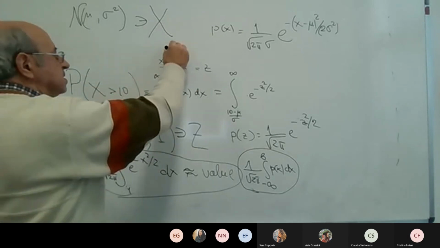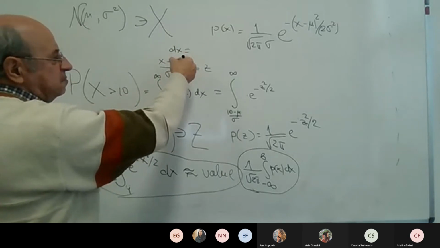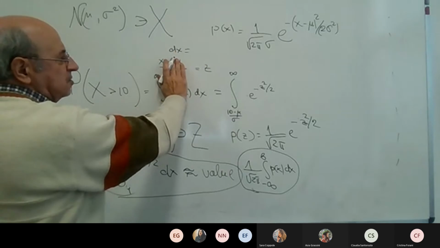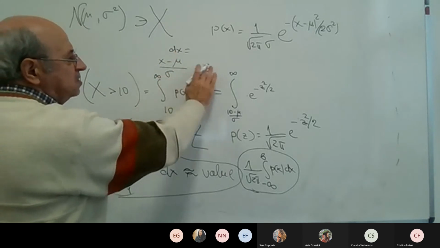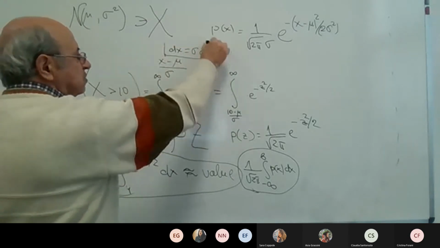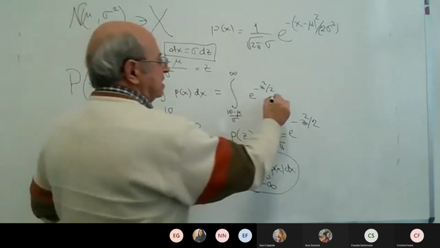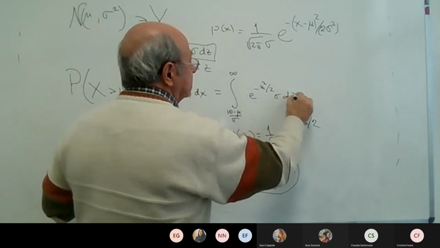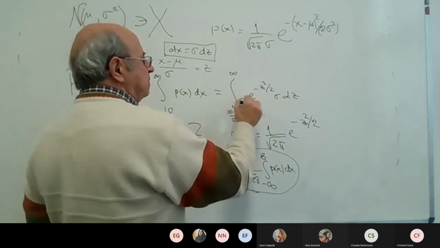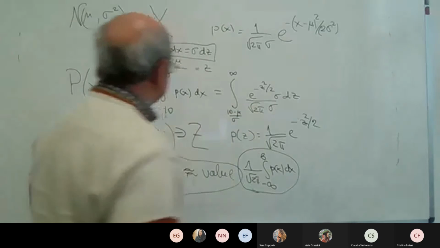If I write from here dx, the derivative of mu is zero since it is a constant, so we cannot take mu into account. We have x equals sigma zeta plus mu, so we have sigma d zeta when we change variables, and from here we have divided by square root of 2 pi times sigma.